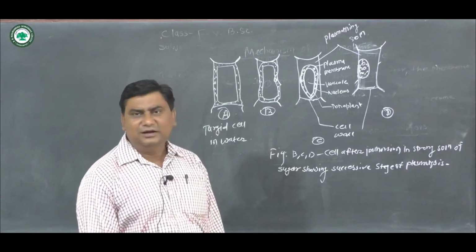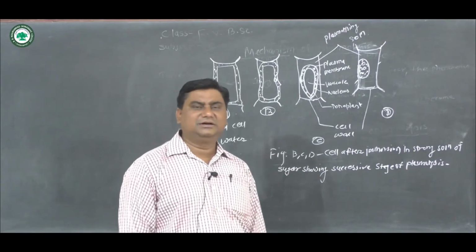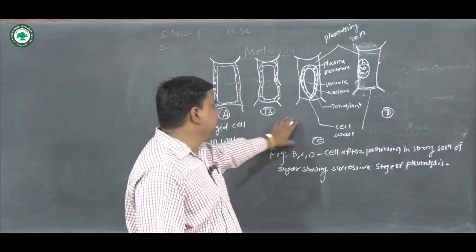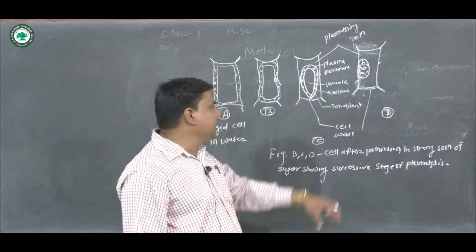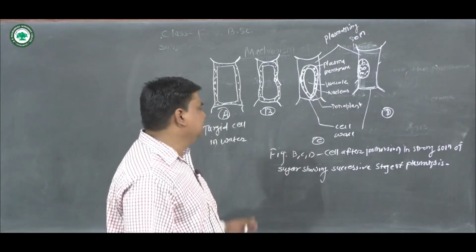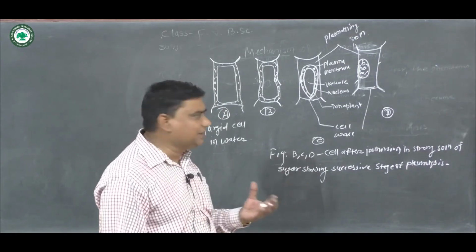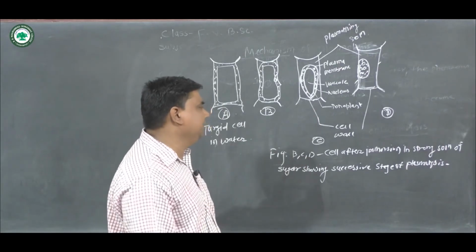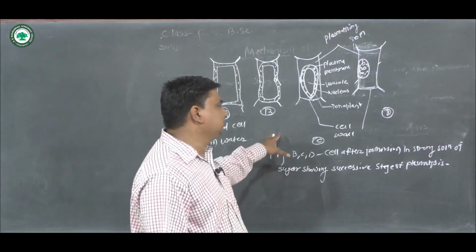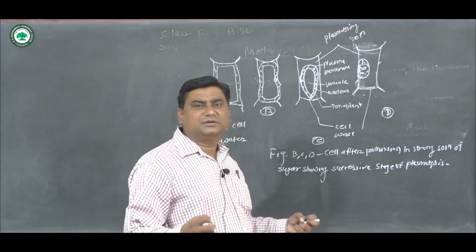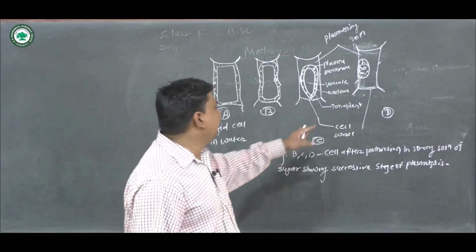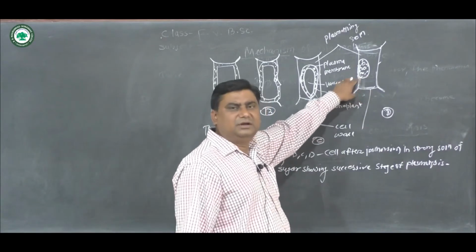And what about the final plasmolysis? The third step is what we call the final plasmolysis. This is the last stage of plasmolysis, as you can see in figure D. What is the reason behind it?